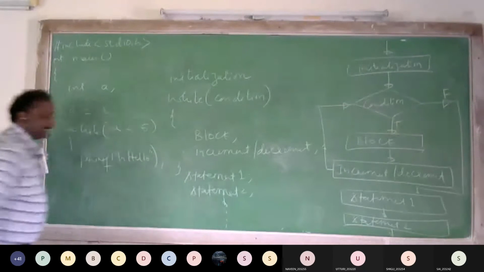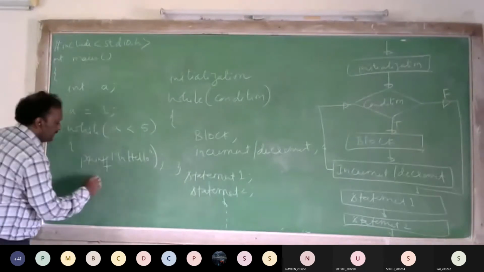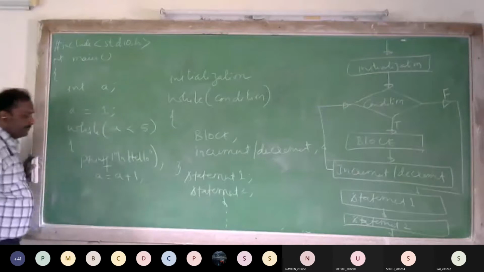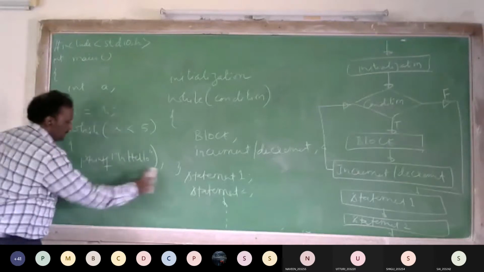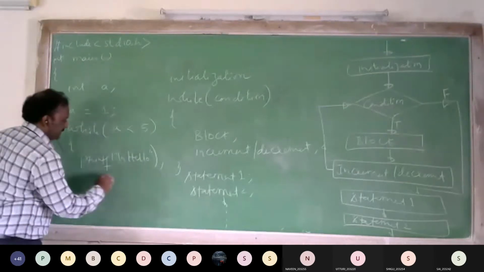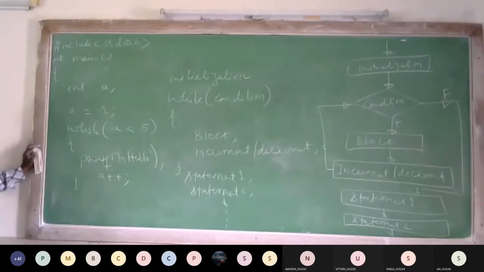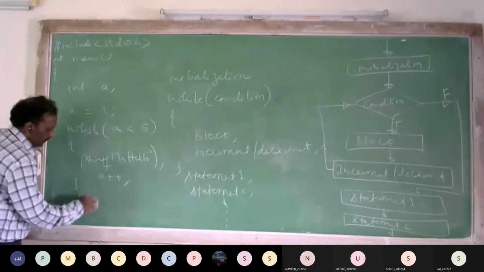What is the next statement? Increment or decrement. So here I will do a is equal to a plus 1. In short, you can also write this as a plus plus.